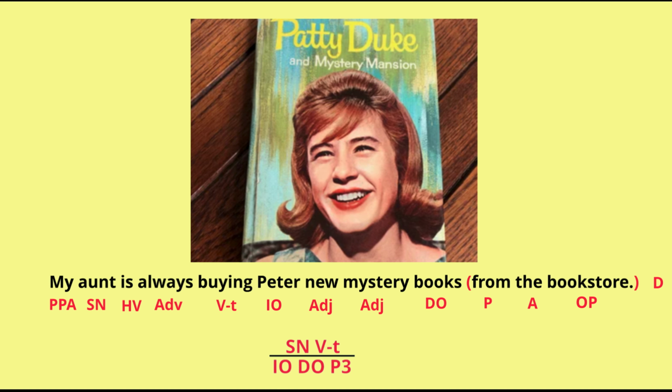From what? Bookstore. Bookstore is the noun, right? So, from is the preposition, the is an article adjective, bookstore is the object of the preposition, and from the bookstore is the prepositional phrase. And this is a declarative sentence as it is giving us information. And the pattern is subject noun, verb transitive, indirect object, direct object, pattern 3 sentence.